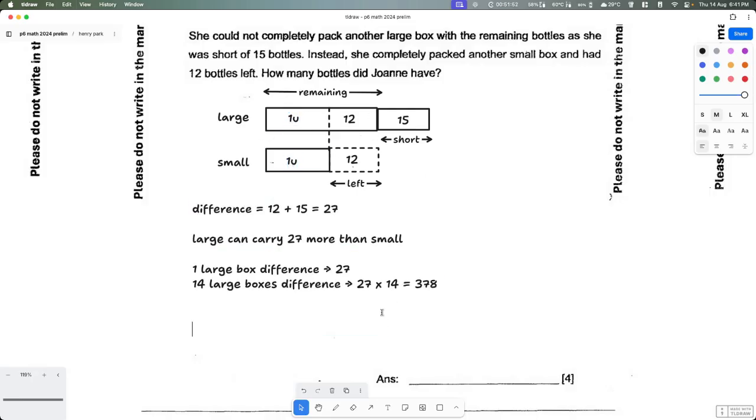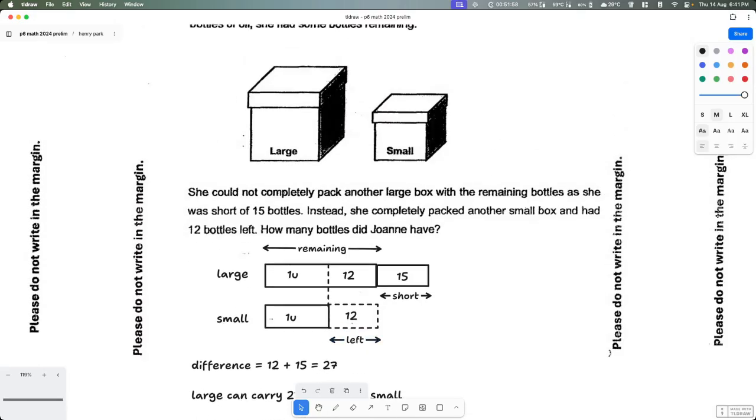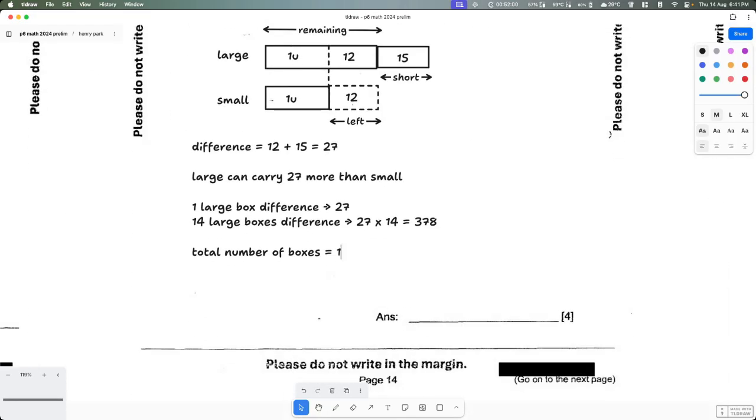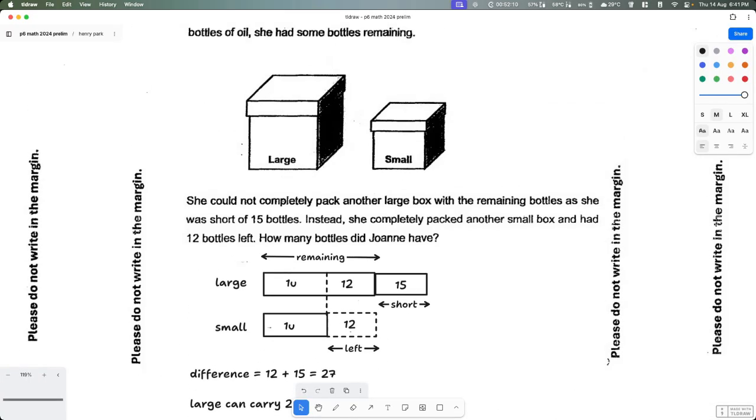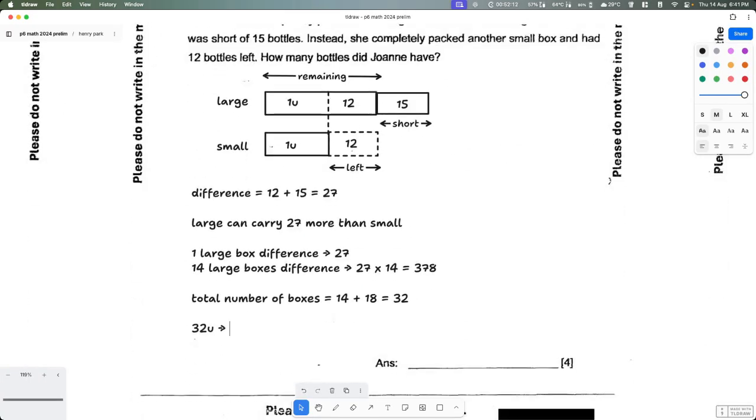So we first need to get total number of boxes, which is 14 plus 18, equal to 32. So 32 units is equal to 1914 minus 378. Not 478, 378.